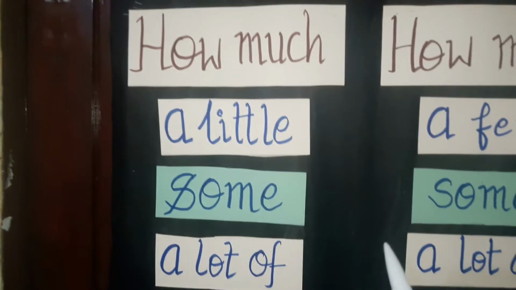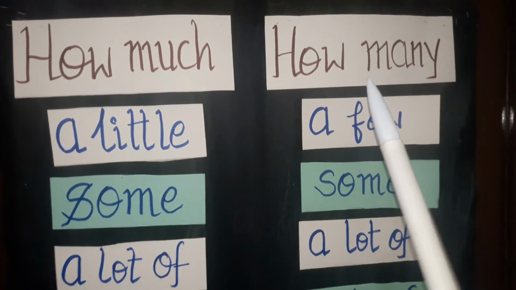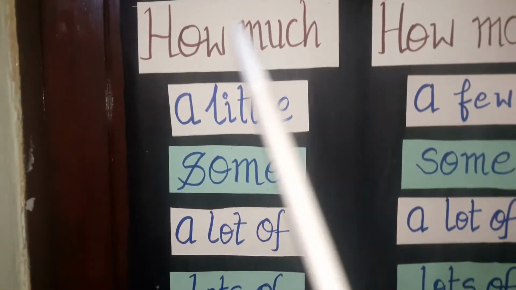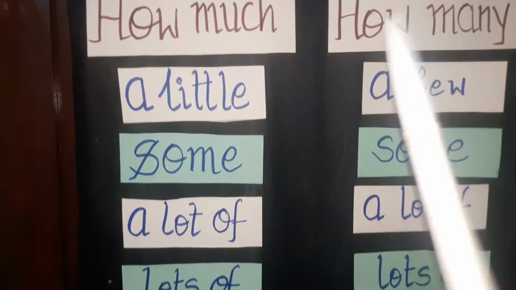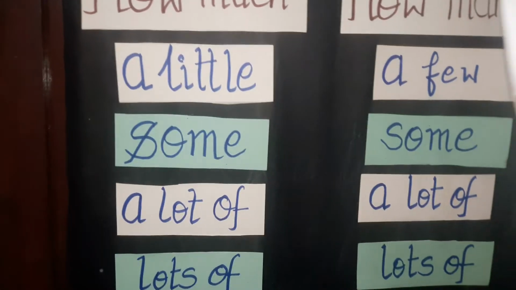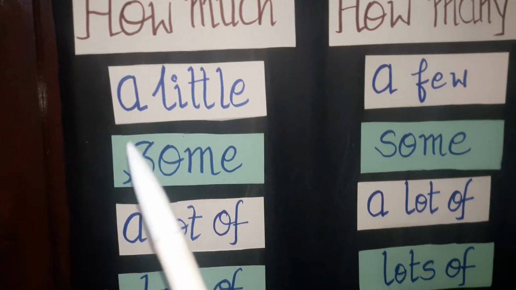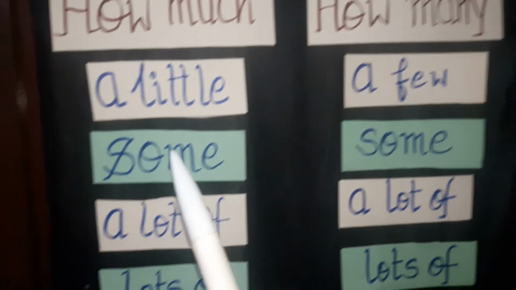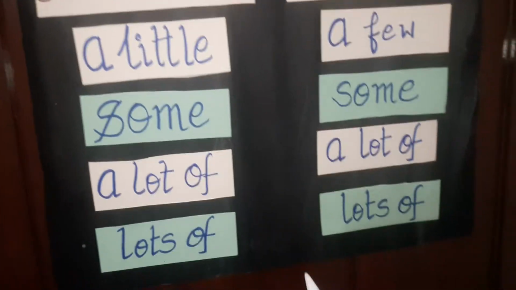Children, now let's see how to use how much and how many in a sentence. When the question asks you how much of a certain thing is there, in that case you can give answers like there is a little or some or a lot of and lots of.